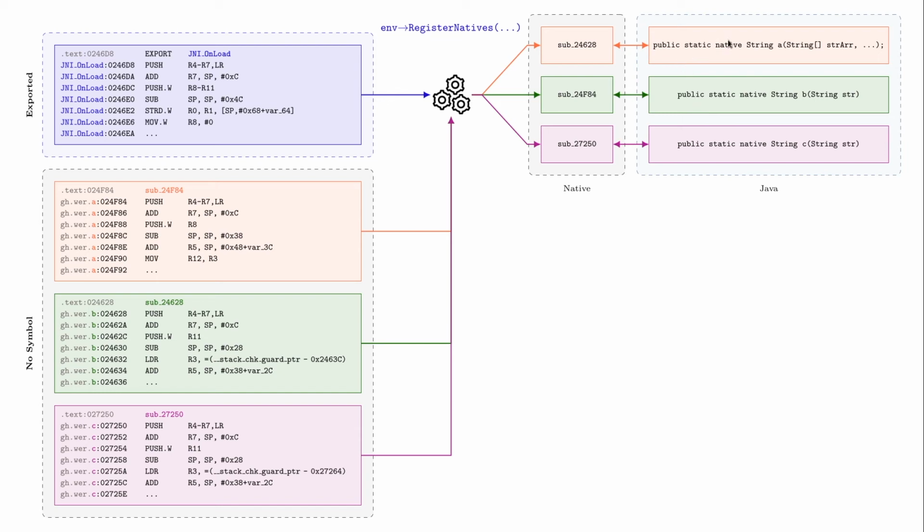When the Java code calls the function A, it will actually call the function at this location in the library. So at some point, if you manage to catch RegisterNatives, you can automatically resolve the offset of the function within the library.